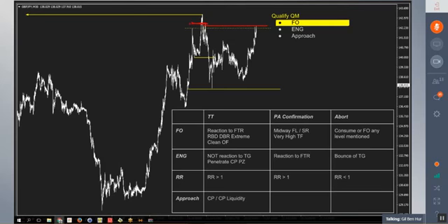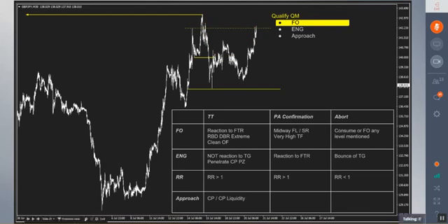Okay, so we justify this little QM. It's right here, and then it's come back to here. So this Quasimodo is justified because of this level. And Scooby says small QM on big QM level for confirmation.